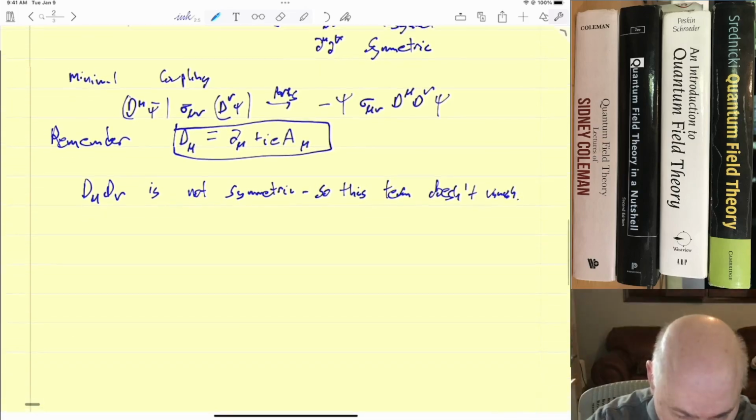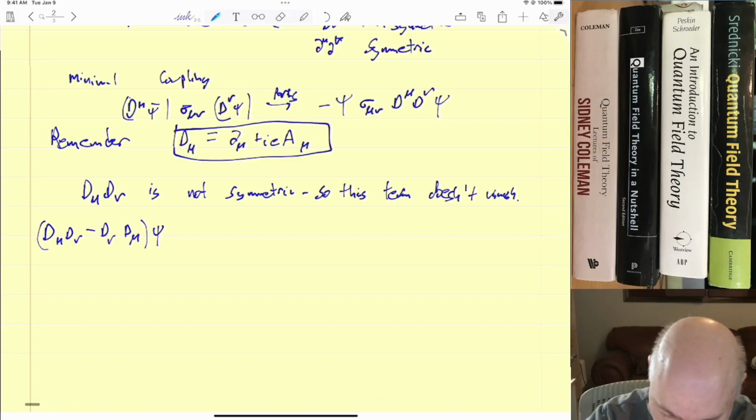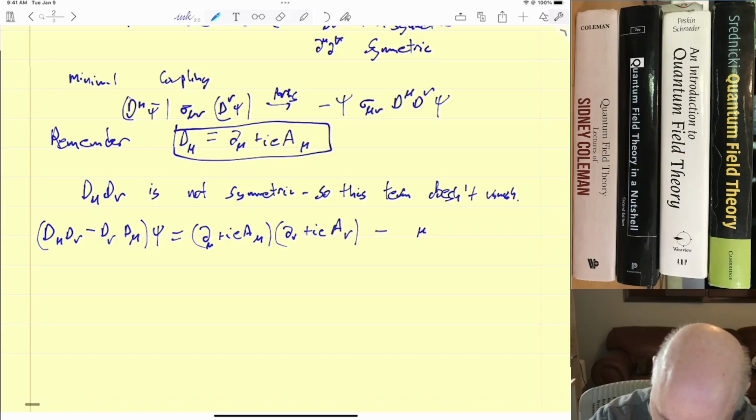So let's just show really quickly that this term is not symmetric. Let's compute the commutator. This is a trivial computation, but I'll show it. Minus mu exchange with the index nu.